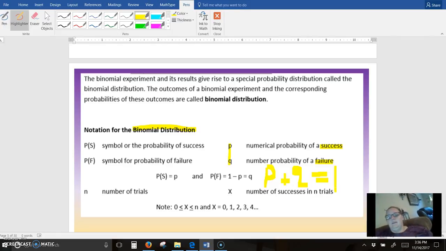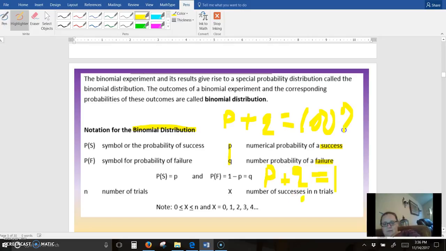You could also think of it like this, P plus Q is 100%. So if 40% of the class is males, then that means 60% of the class is females. All right, N is still the number of trials. We've been using N as the sample size, so same concept. And then X is how many successes there are.